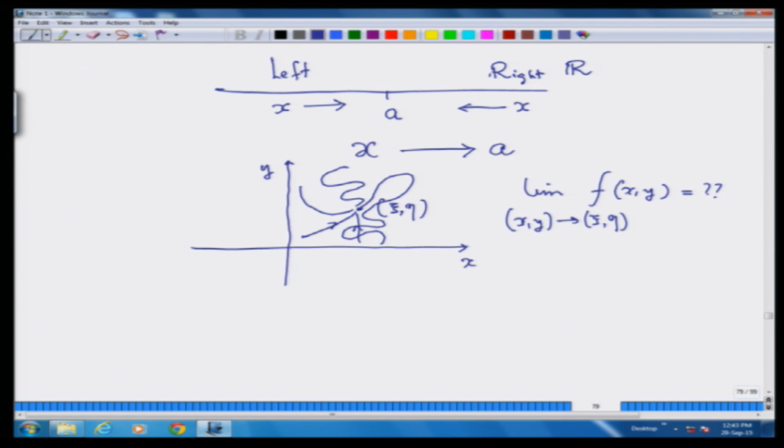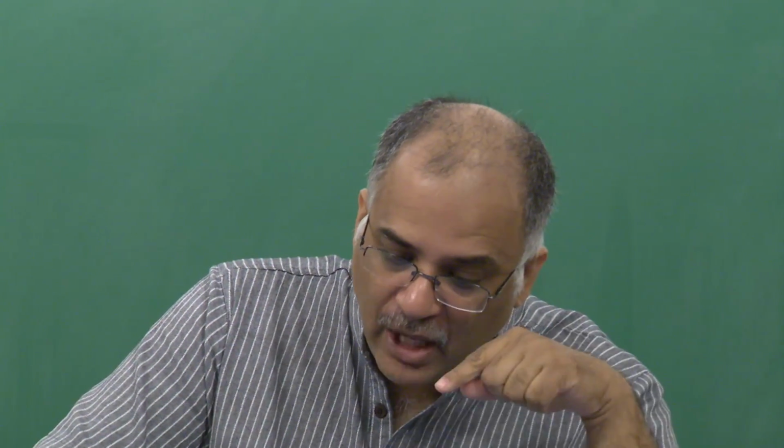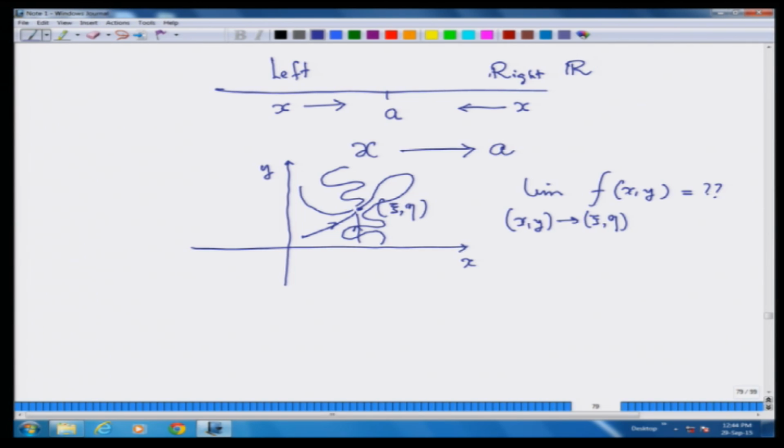So, there are infinite ways, and this is uncountably infinite ways, just like the uncountable infinity of the real line. It is uncountably infinite ways that you can approach xi and eta.